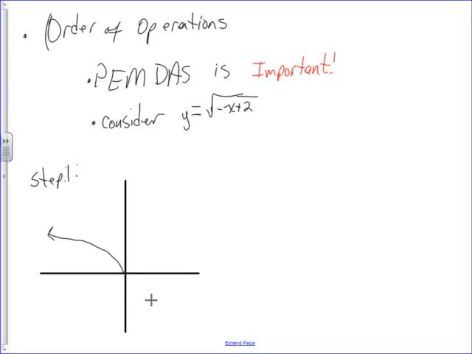So does that make sense? Why did we do the negative first? Because the negative is multiplication, and multiplication comes before addition in PEMDAS. Then, so now step 2, we're going to take care of the horizontal translation, or the horizontal shift.